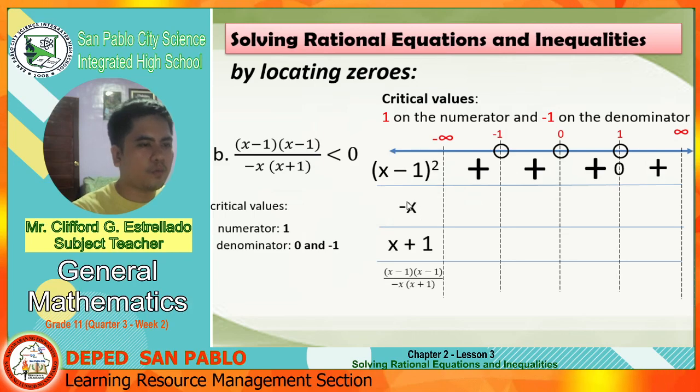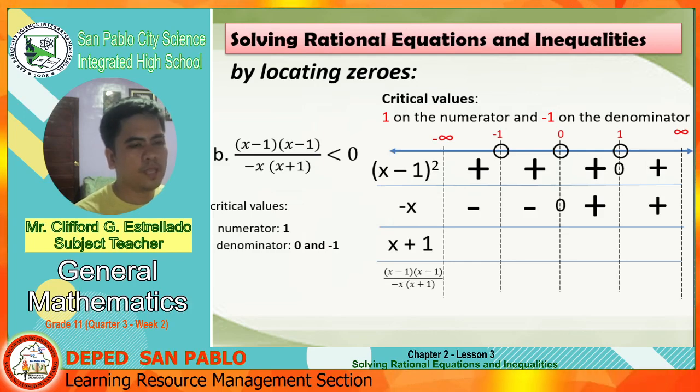Now, here we have negative x. So we equate x to 0, and our critical value is 0. Before 0 we have negative, after 0 we have positive. Since we have a negative x, we will multiply each sign by negative.